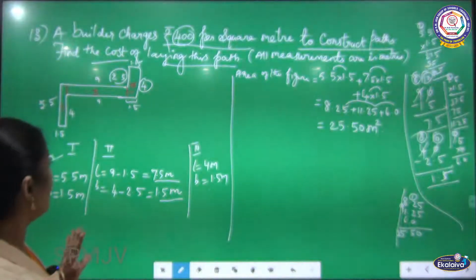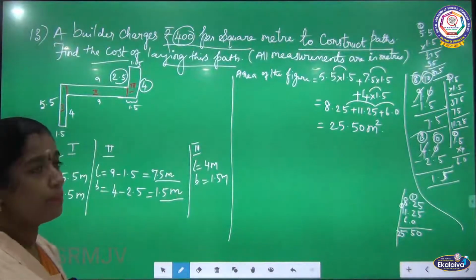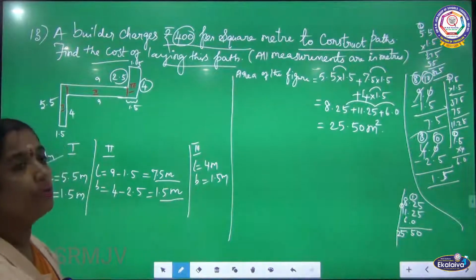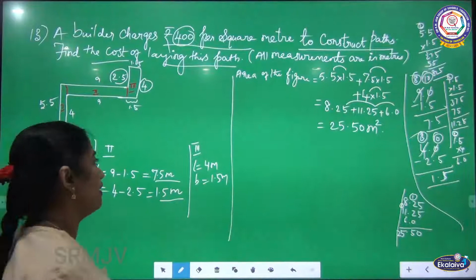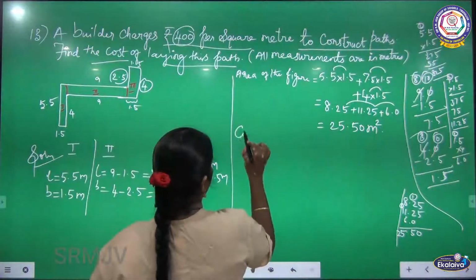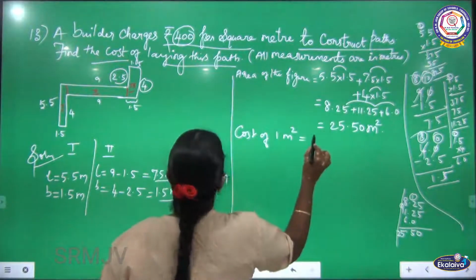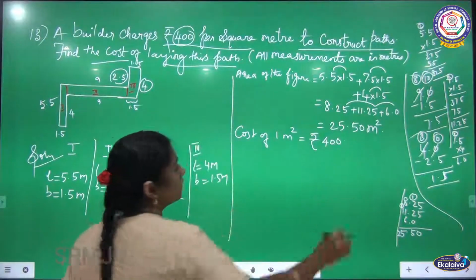Okay. Now I have found the area of the figure. This is step 1. Step 2, what am I going to do? I am going to multiply this with 400. So the cost of 1 meter square is equal to rupees 400.